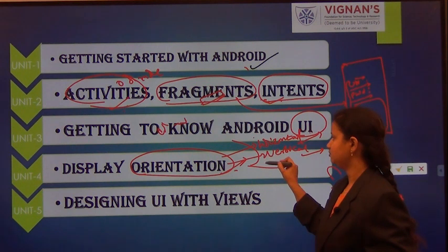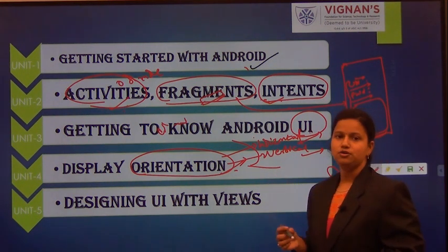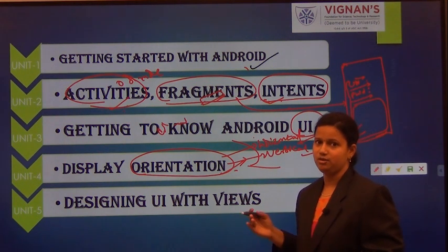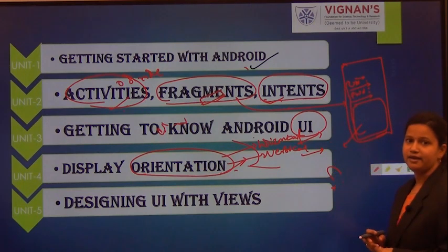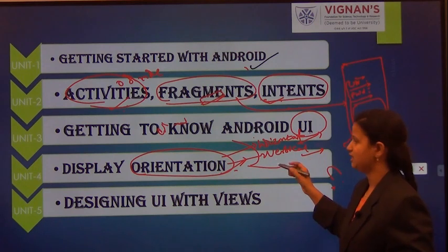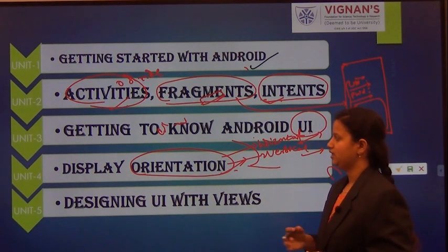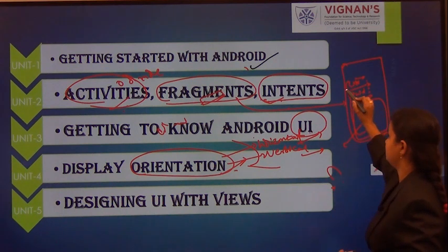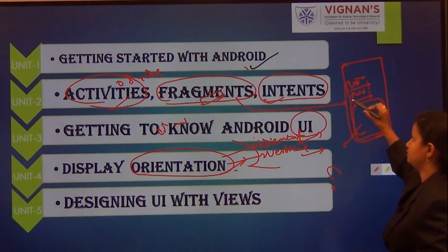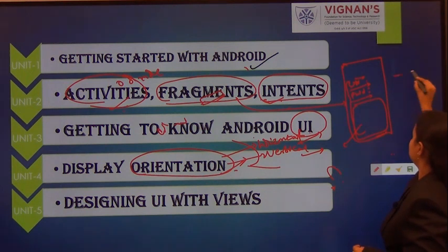Your application will be the same, your user interface will appear the same, and what the appearance of your application is, is learned in this unit. We have to check the display orientation. That means when you change the same example, user interface, username and password, like this.